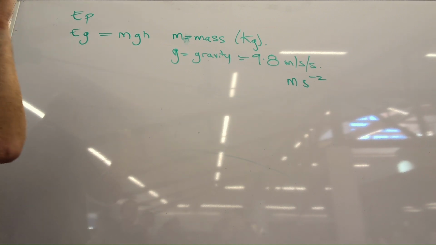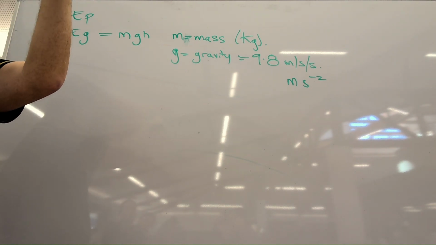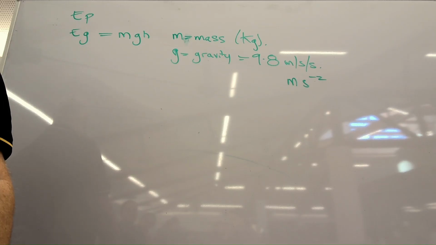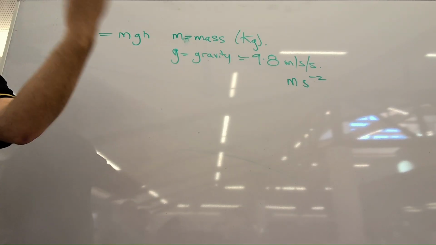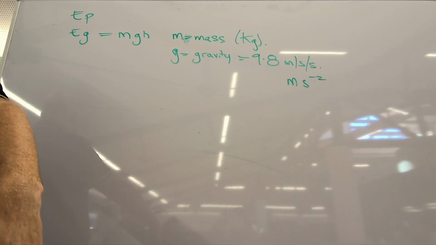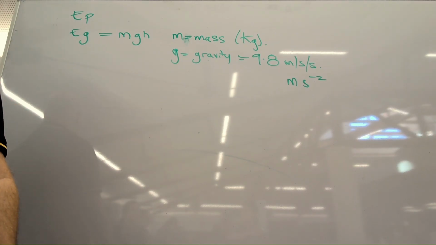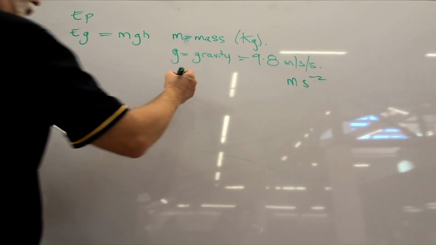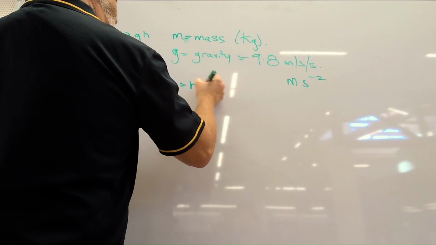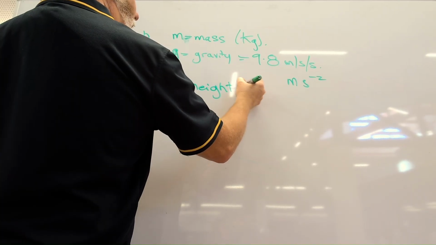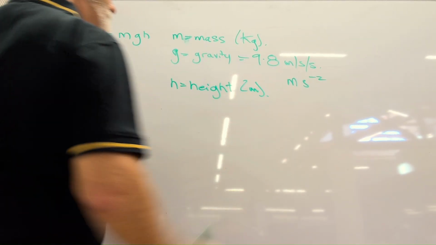After 2 seconds, I'd be traveling at 19.6 meters per second downwards. Right? I would pick up speed, and the longer I fell for, the more speed I would have. So it's an acceleration. And then h is height, and the unit there is meters.